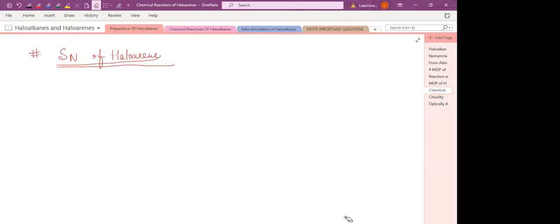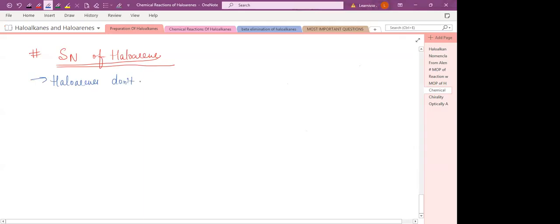To see what the Dow process is, first write down some points. Haloarenes don't show nucleophilic substitution reaction at room temperature, due to the following reasons.